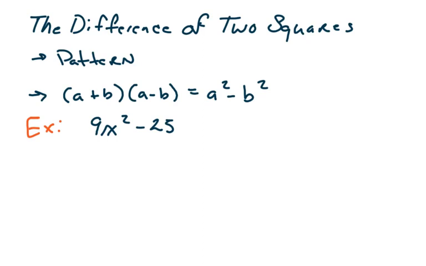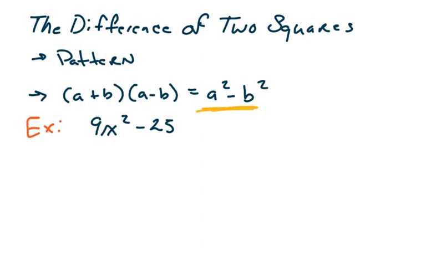And here it is. If I have two numbers, or two terms, a plus b, and I multiply them by a minus b, I'm going to get a squared minus b squared. A lot of times we use this in reverse.